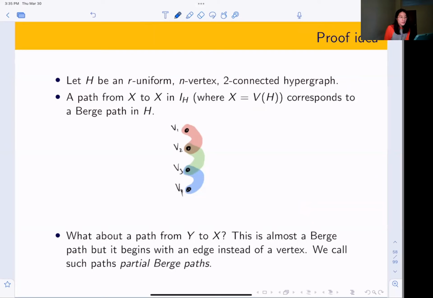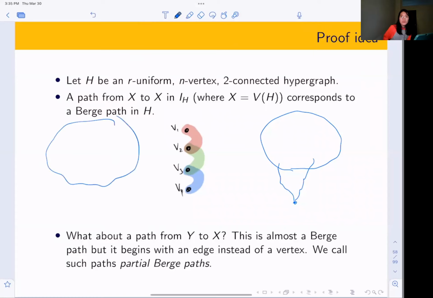Where we're going to be able to use this is, if we're working in just graphs, and I have a 2 connected graph, then if I fix any subset and some vertex outside it, I can find 2 internally disjoint paths from that vertex into the subset. So if I want to look at what this means in hypergraphs, I have some set here, then I can find either Berge paths or partial Berge paths into this set, something like this. And that's going to be really useful for us.